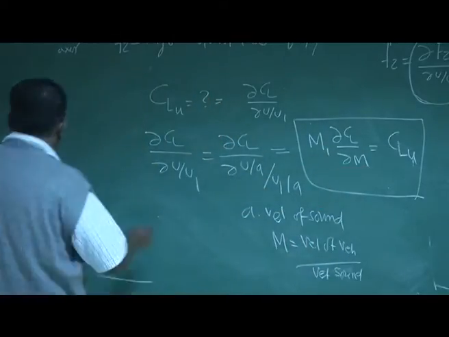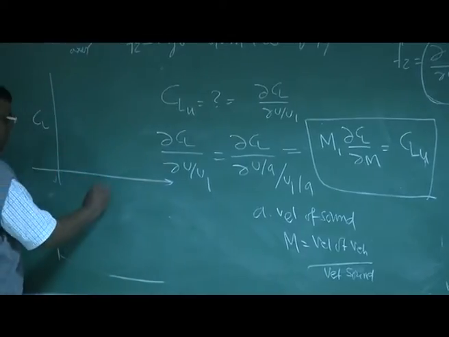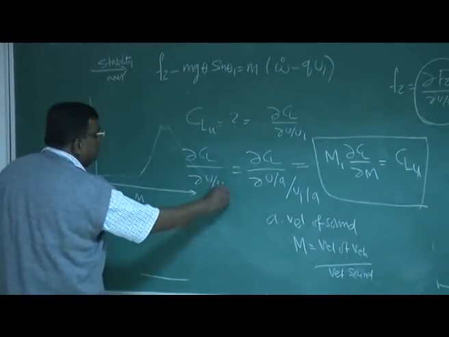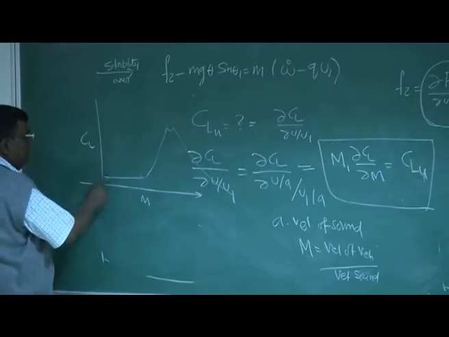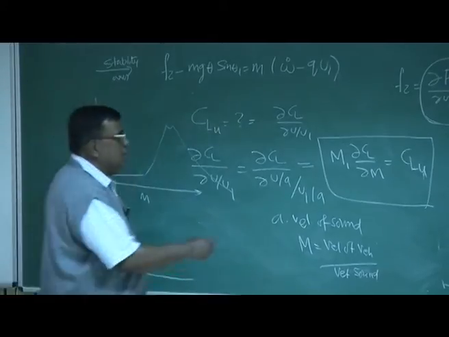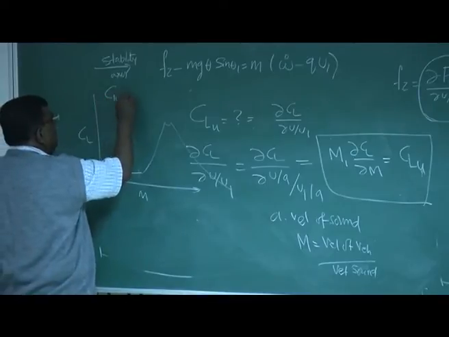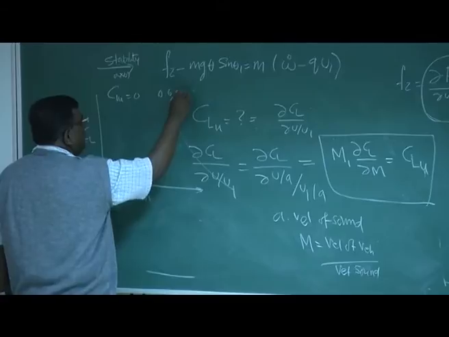Just now I showed you a representative plot of CL versus Mach number, which is almost like this. And you know that up to 0.6, 0.7, this dCl by dM is 0. So CLU will be 0 up to 0.6 or 0.7 Mach.